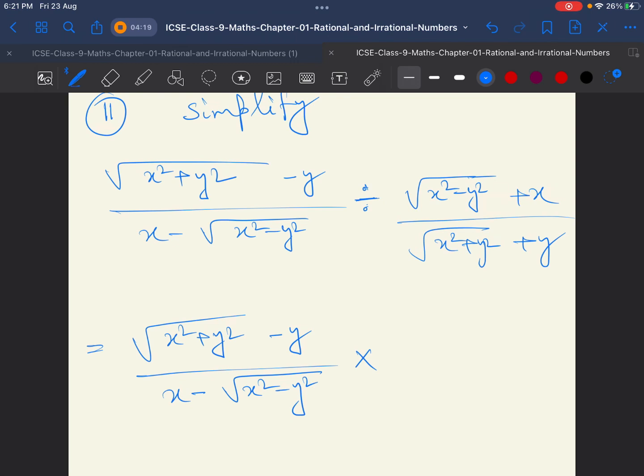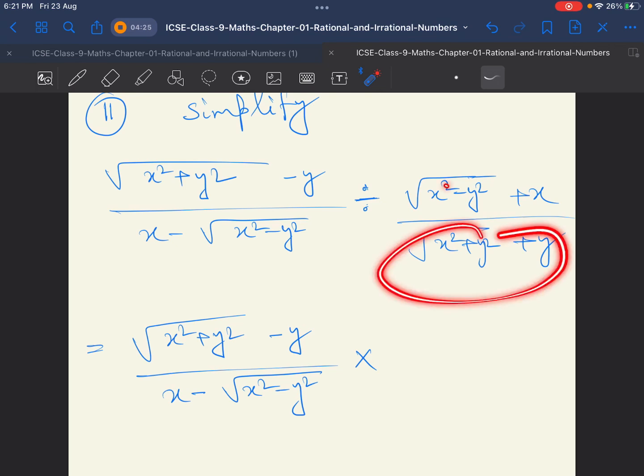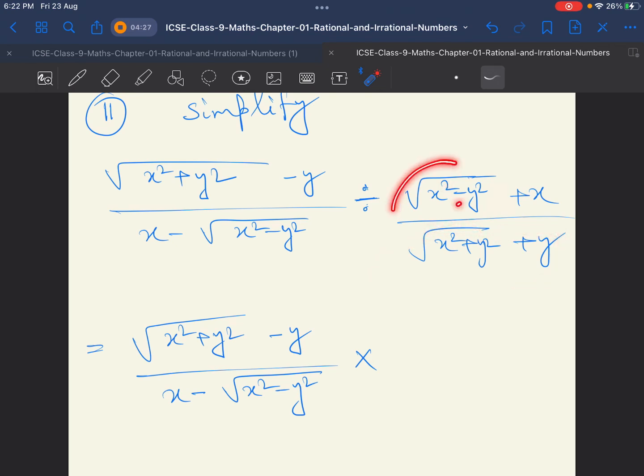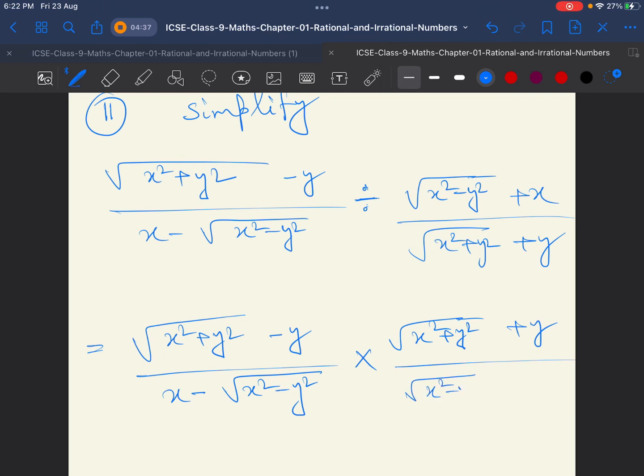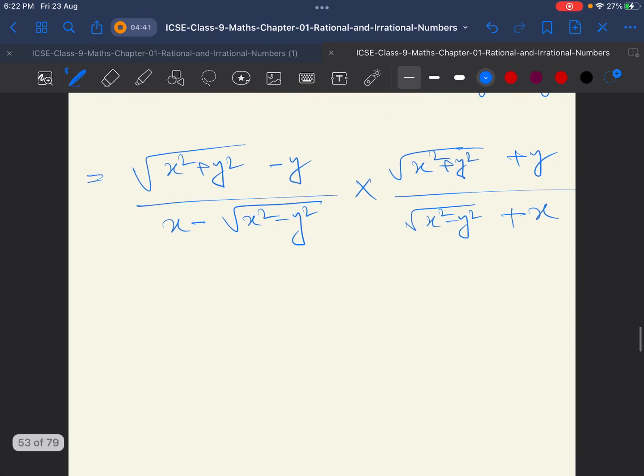Now we change the division into multiplication. So here we can write this term will be in numerator and this term will be in denominator. So this is x square plus y square plus y by x square minus y square plus x.